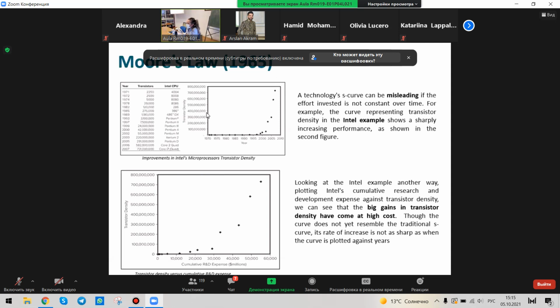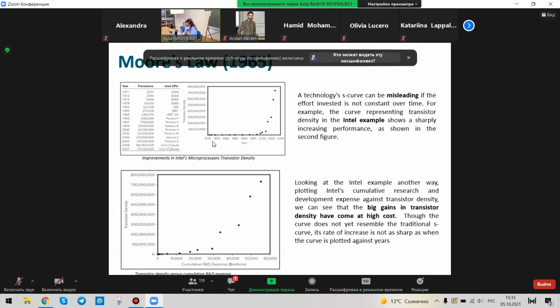Okay? So each technology can be shaped according to a power law. In this case, we have an equation like x power 2, because we have the number of transistors that doubled for each processor each year.